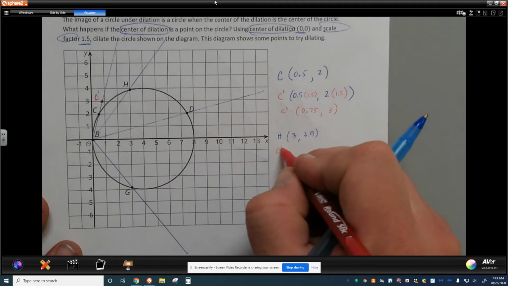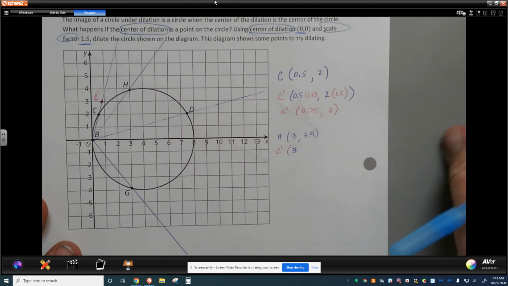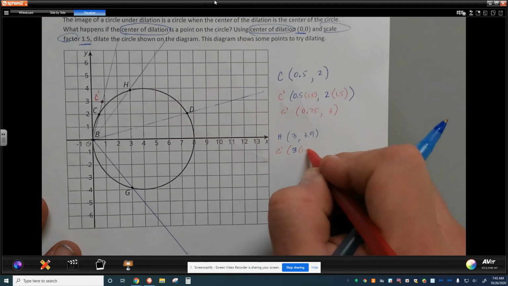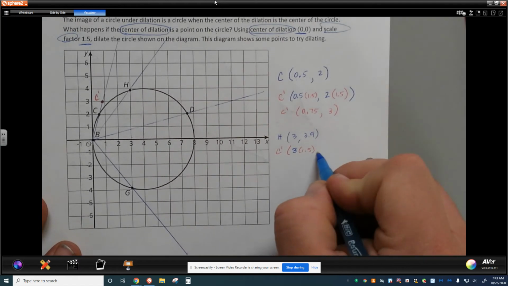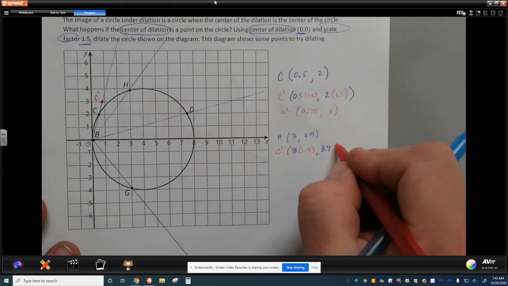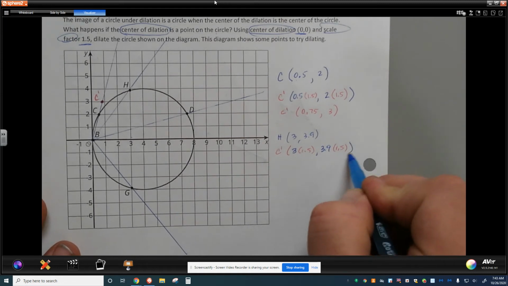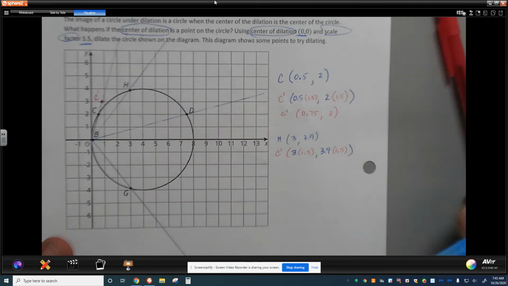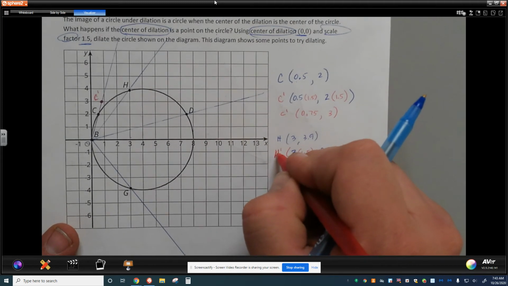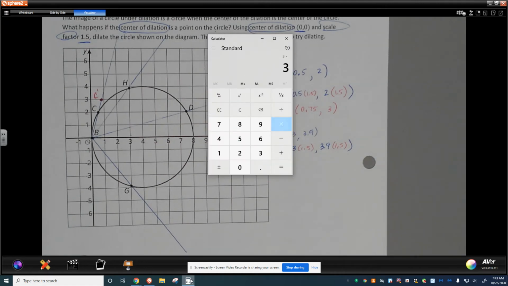We'll take the original x coordinate and multiply it by 1.5, and then multiply the original y coordinate by 1.5. So both of them being the distances have to be adjusted by the scale factor. And I shouldn't be calling that C prime. I should be calling that H prime. So we'll go back to our calculator. We're going to see 3 times 1.5 is 4.5.